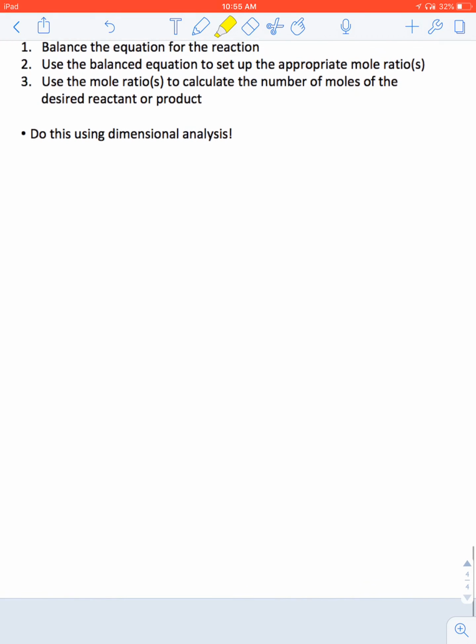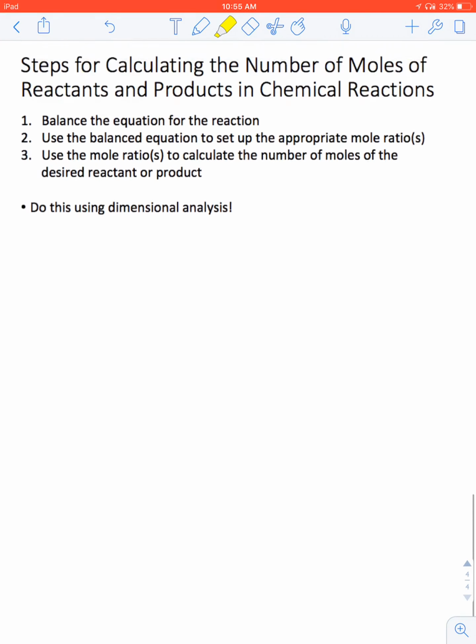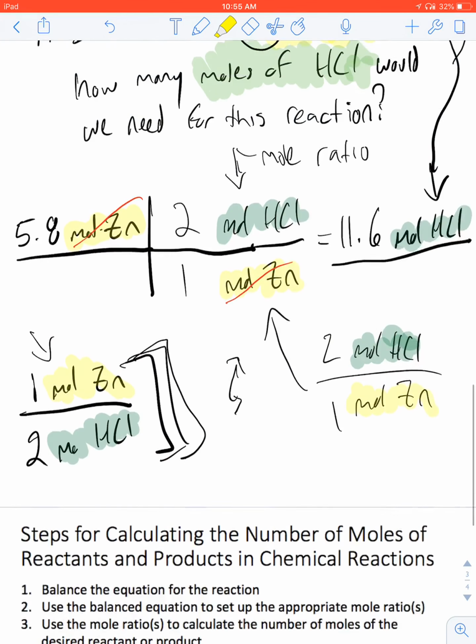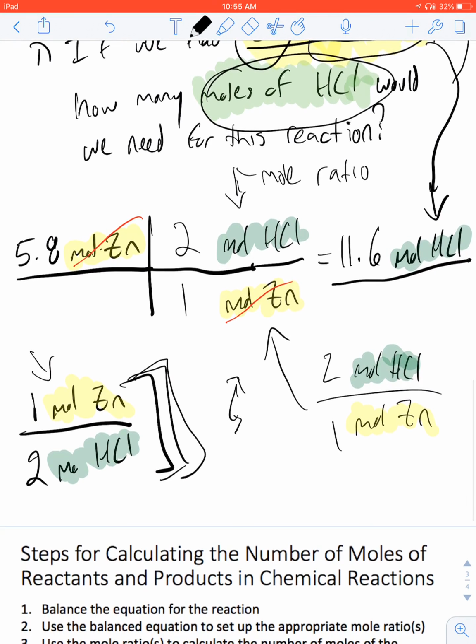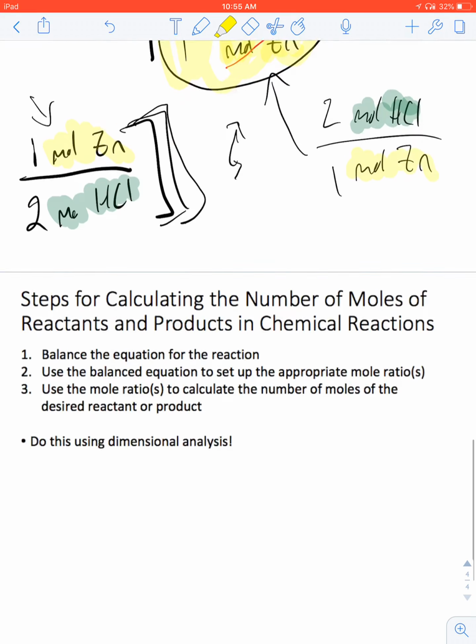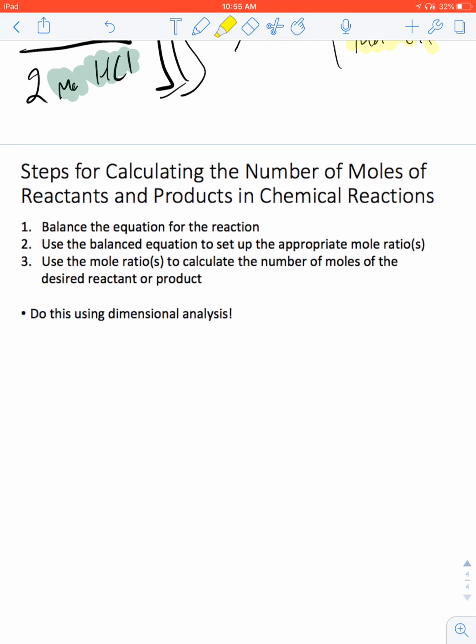And then 3, use the mole ratios to calculate the number of moles of the desired reactant or product, right? Based on our question, we started with moles of zinc, wanted to end up in moles of HCl. So we use this mole ratio right here to solve for the desired amount of reactant or product.